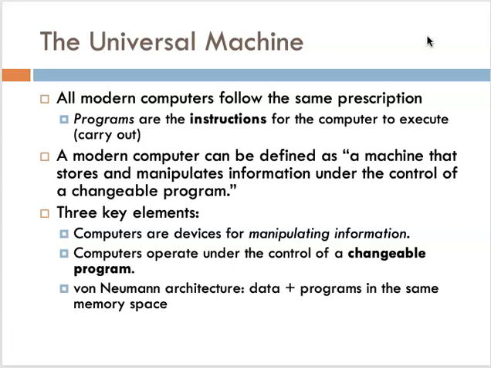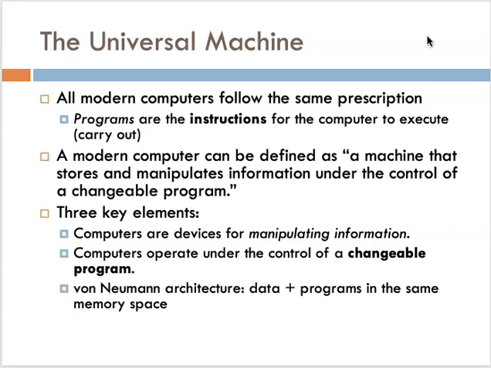So we can say that a modern computer can be defined as a machine that stores and manipulates some information, or data, under the control of a changeable program, right? The machine stays the same, the program is what changes. These key elements that we utilize in modern machines were actually noted even earlier by people like Turing and some of the founders of computer science.